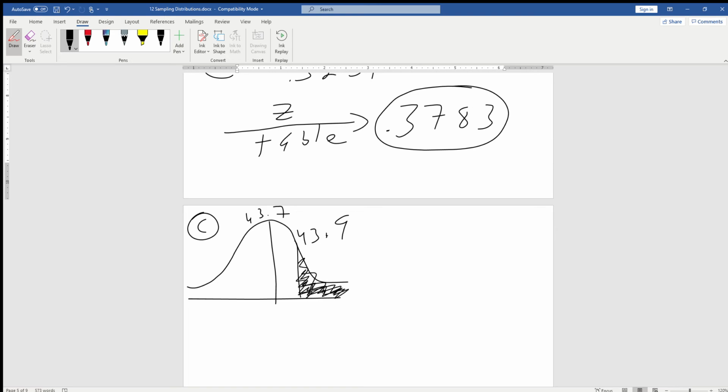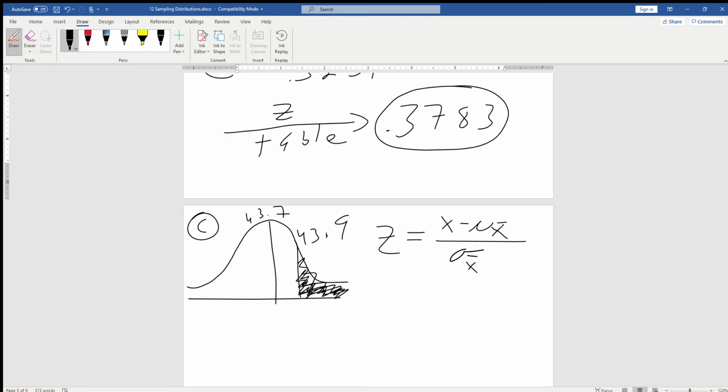Right? So if we get like a 90% or an 80%, it's not good. The formula for z is the same as above: x bar minus mu sub x bar divided by sigma sub x bar. Sorry, that's an x bar.